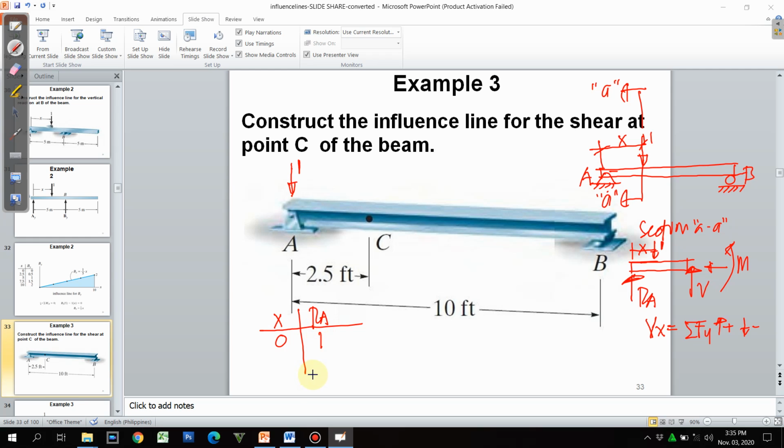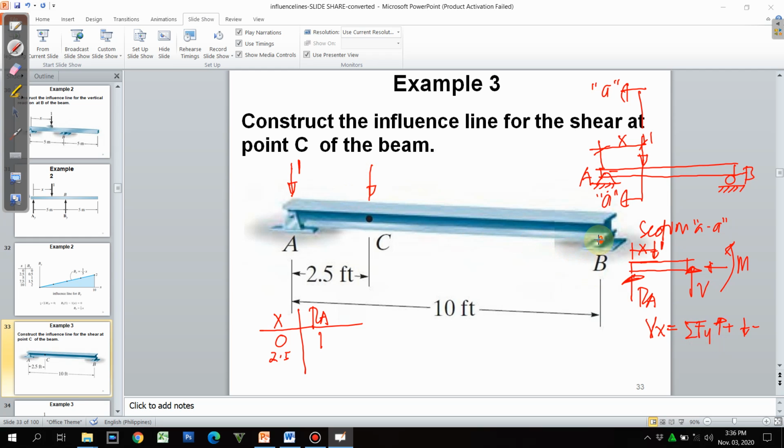If you transfer your 1 along C, say x now will be equal to 2.5, then we first get the reaction at A, so that we will include it in the summation of vertical forces in this equation.